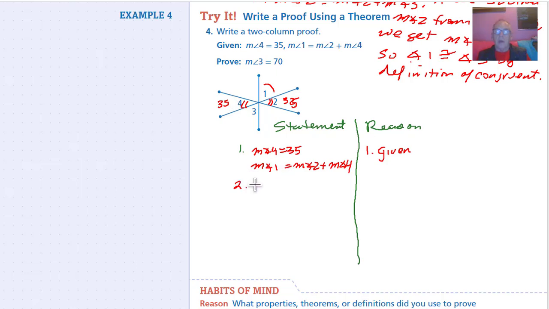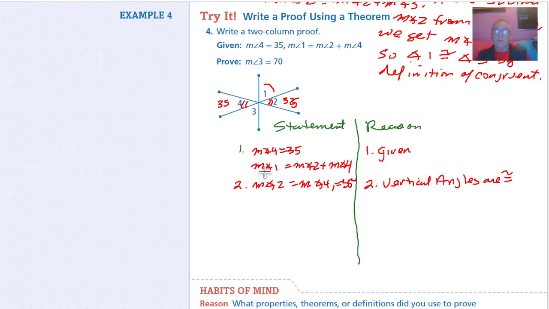So we can say that measure of angle 2 equals measure of angle 4, which equals 35 degrees by definition of vertical angles. Vertical angles are congruent. So these two angles are equal to each other, they both got to be 35. If angle 4 is 35, angle 2 has to be 35 because it's a vertical angle.